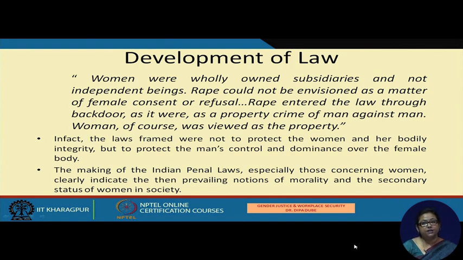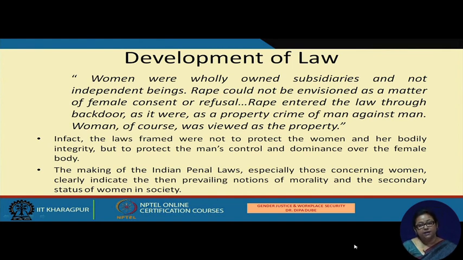Additionally, if we see the 2013 Criminal Law Amendment Act, we will find that different forms of offences have been brought into the laws, such as voyeurism, stalking and sexual harassment, which have tried to take care of the rising problems, the newer forms of violence affecting women.